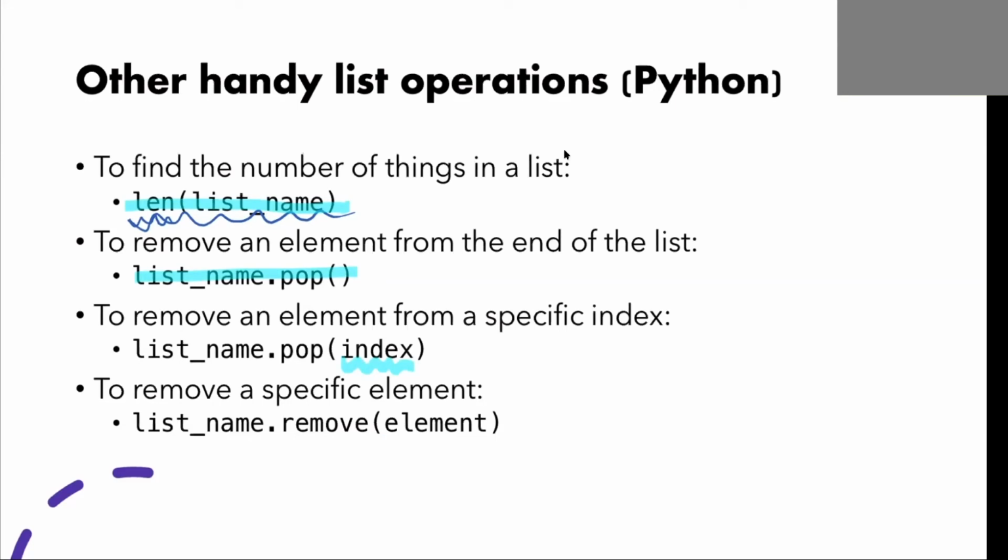Python can also remove by using the function remove, but remove is not based on the index number, rather it's based off of a specific element that you want to remove. So there is a distinction between the two: one is based off of the index number, the position, and one is based off of the actual element itself. We'll play around with all these functions, the length, .pop, and .remove.